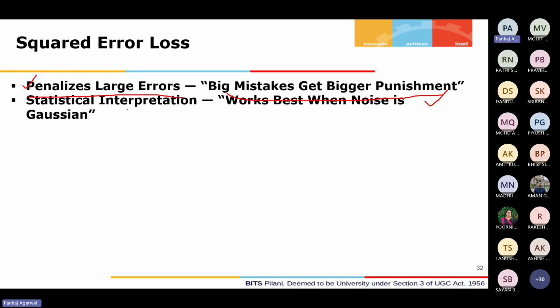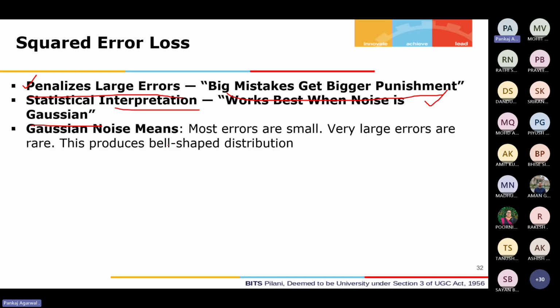There's another statistical interpretation attached to it, which works best when the noise is Gaussian, right? This is almost the same thing actually, and in fact this particular line is the culmination of all the top three lines, right? Gaussian noise here means that most errors are small, but large errors are rare.